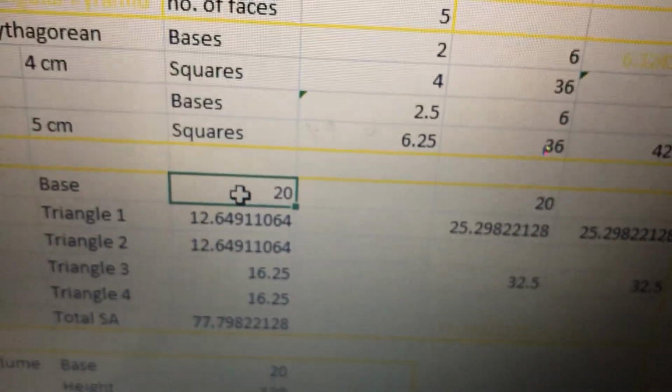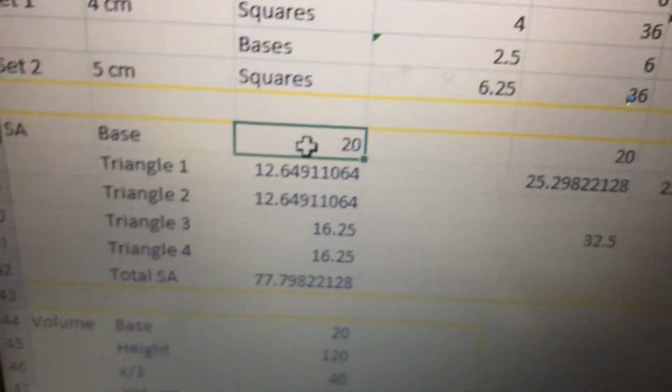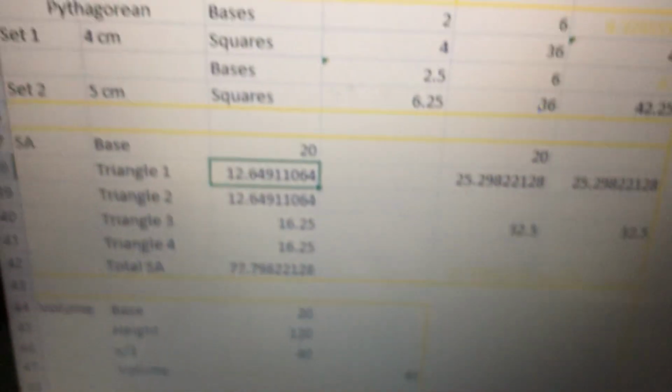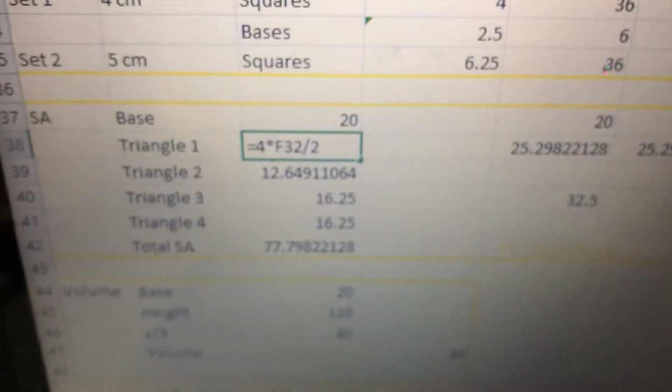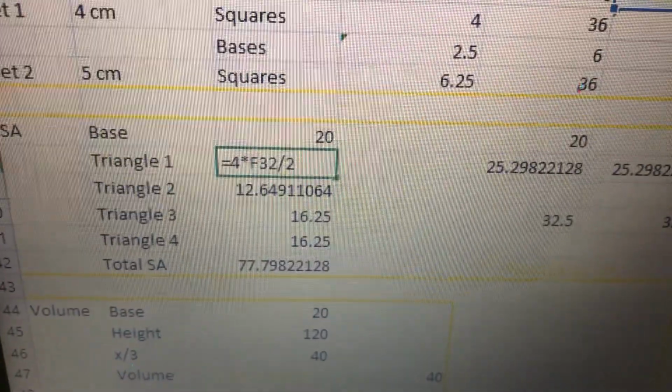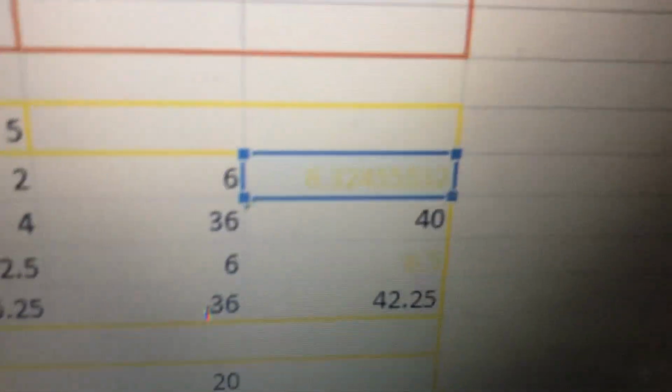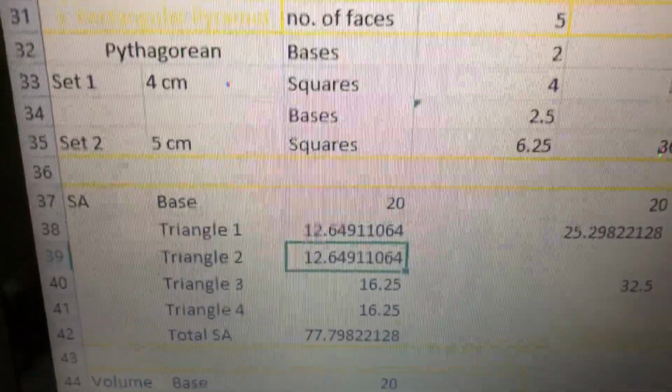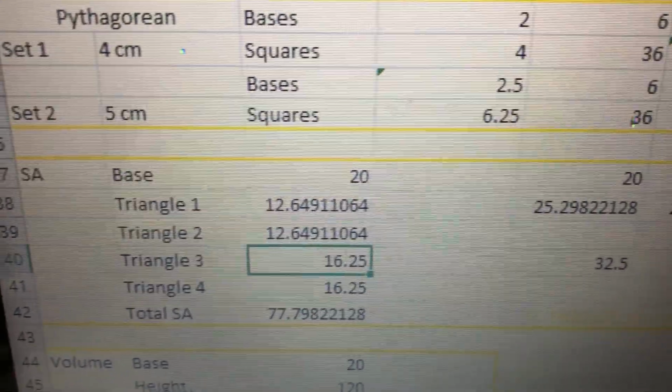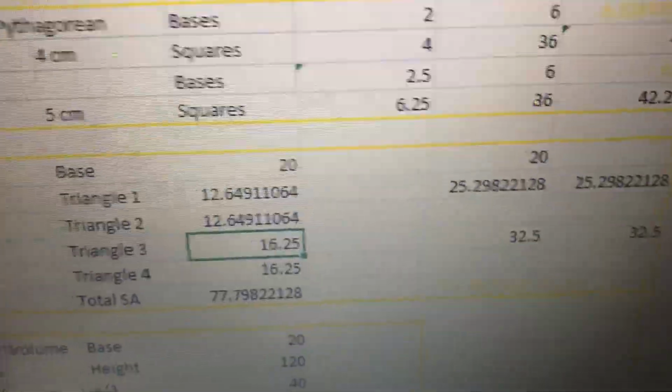First, let's get the 2 faces whose base measures 5 centimeters. And this is the formula that I did. Ang ginawa ko ay 4 times F32, which is the slant height of a triangle whose base measures 4 centimeters. So yun. And we got something like this. And then this one, 6.25, yun naman sa dalawang triangles.